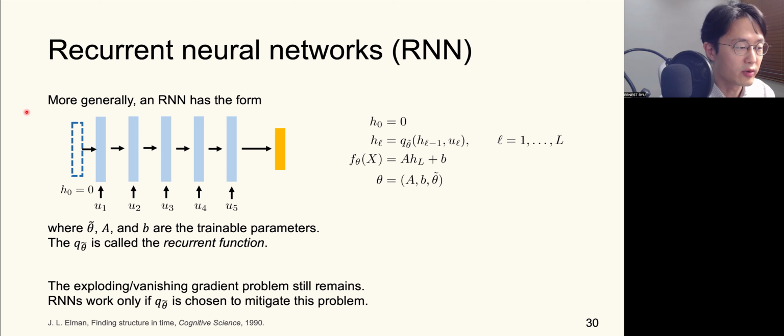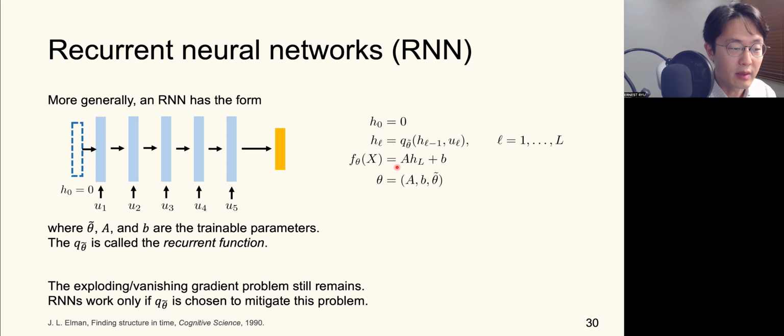More generally, a recurrent neural network, an RNN, has this form where we have this initial hidden state, usually initialized at 0, and the subsequent hidden state is obtained by applying the recurrent function q sub theta tilde to the previous hidden state and the current input vector u sub l. And then after all of this processing for the final output, we denote the final output as f sub theta applied to the input sequence x.